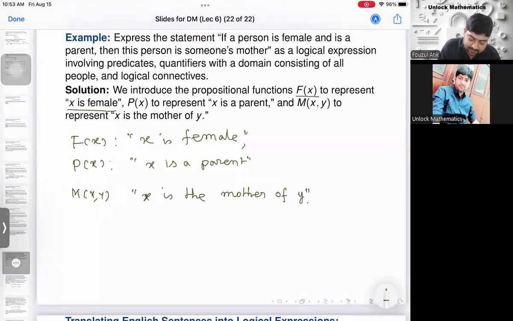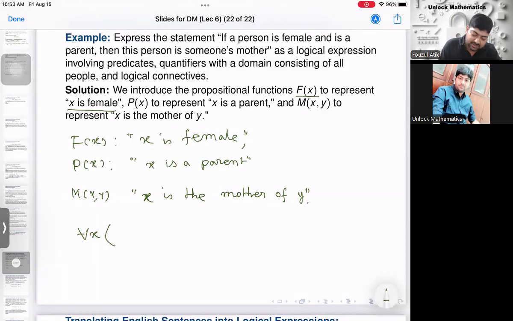Now how do you do that? It says that if a person is female and a parent, right? And this is true for every person, right? So we'll start with for all x, and then for every person x, if the person is female and is a parent, right?